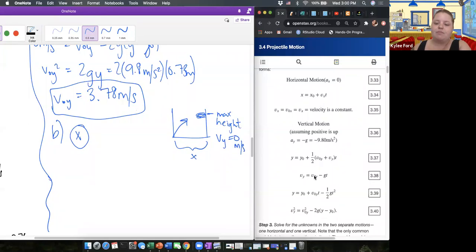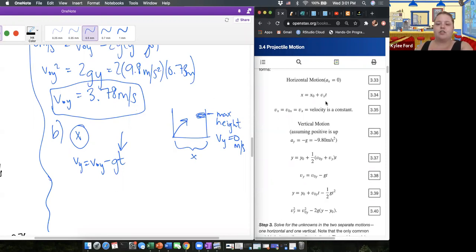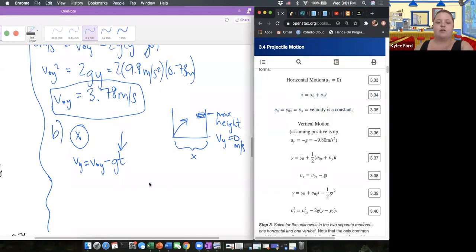So I'm going to use this equation to solve for time: Vy equals V naught Y minus G times t. I need to know what time that will be at, because if I know the time at which I have that maximum height, then I can go back to my horizontal motion and solve for that x value simply.